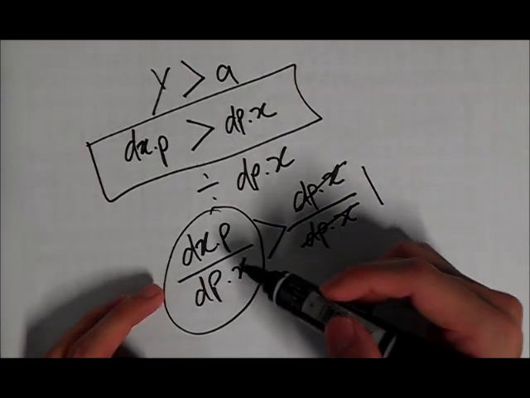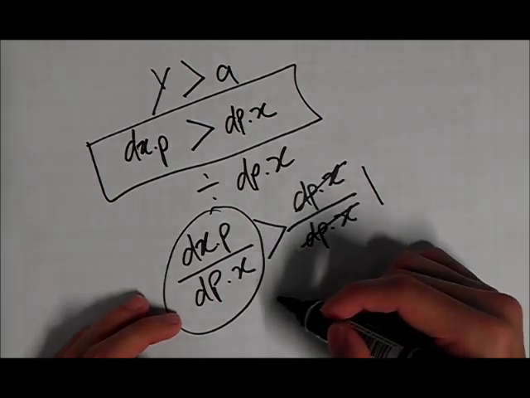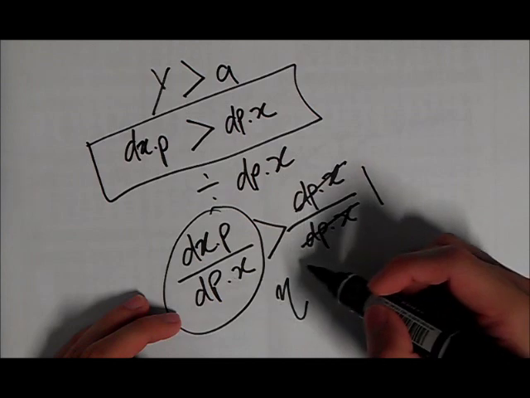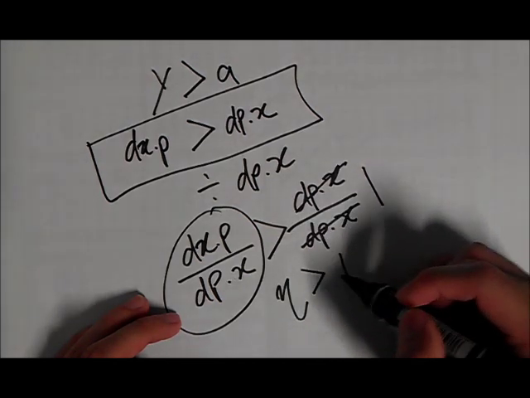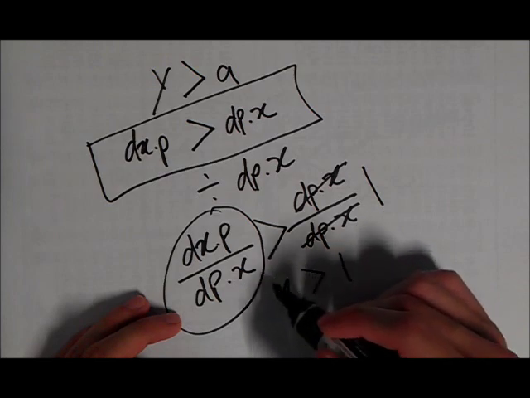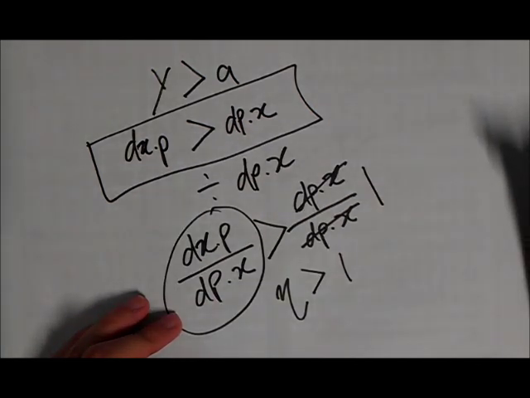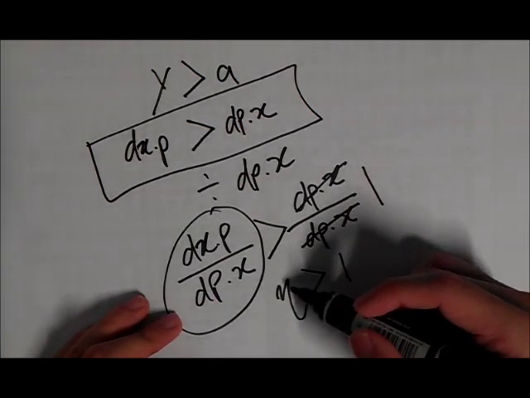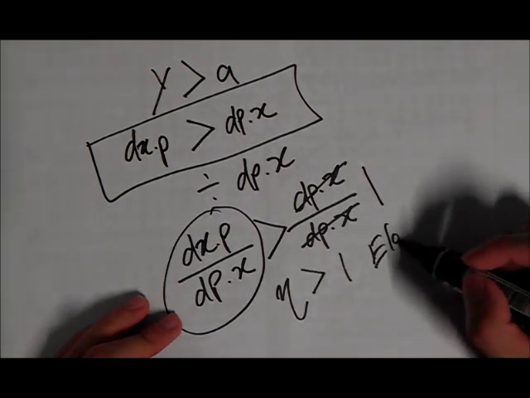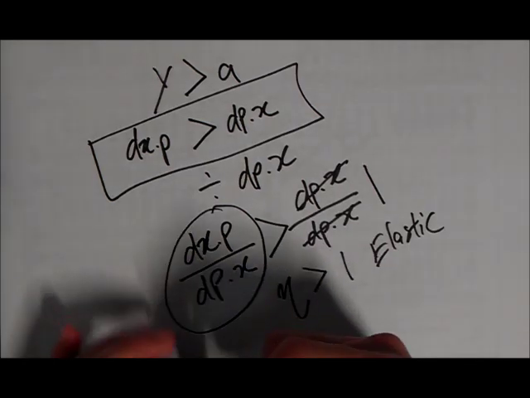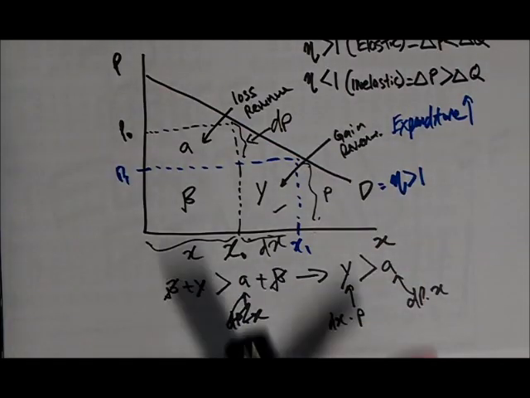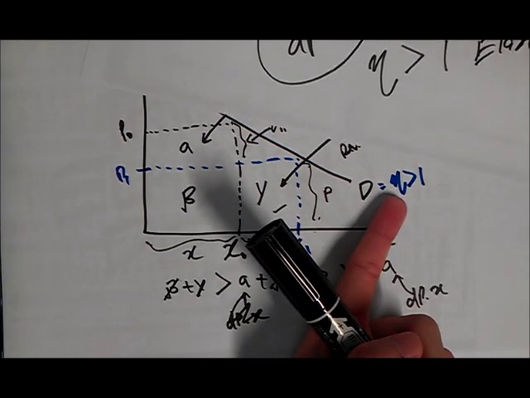This is actually the formula to calculate your price elasticity of demand. From this calculation over here, we can show that price elasticity is in fact more than 1, and this is elastic. And what was our analysis in the beginning? We said that it's elastic, more than 1.